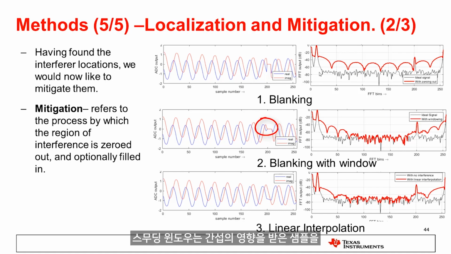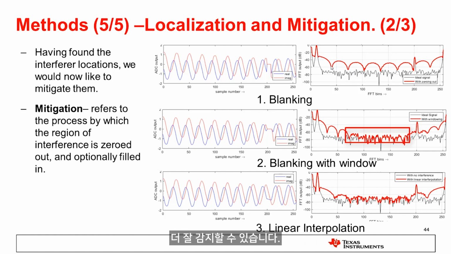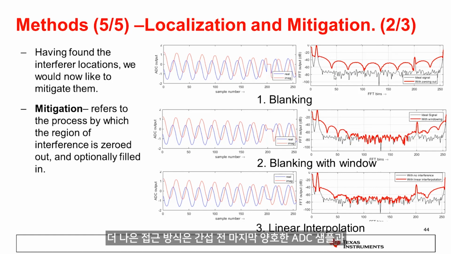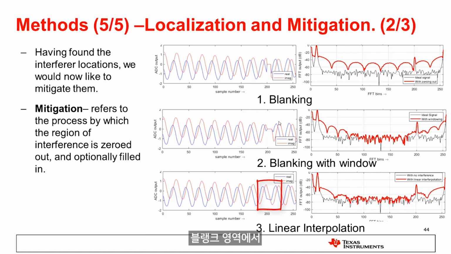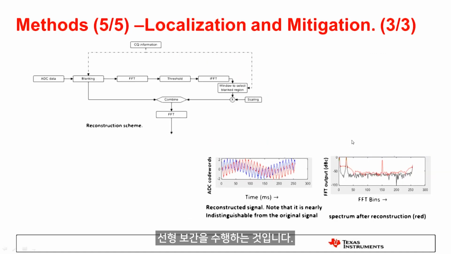A smoothing window is used to zero out the samples that have been affected by interference. This leads to lower side lobes and better detectability of weak targets. An even better approach is to perform linear interpolation in the blanked region, using the last good ADC sample before interference and the first good ADC sample after the period of interference.